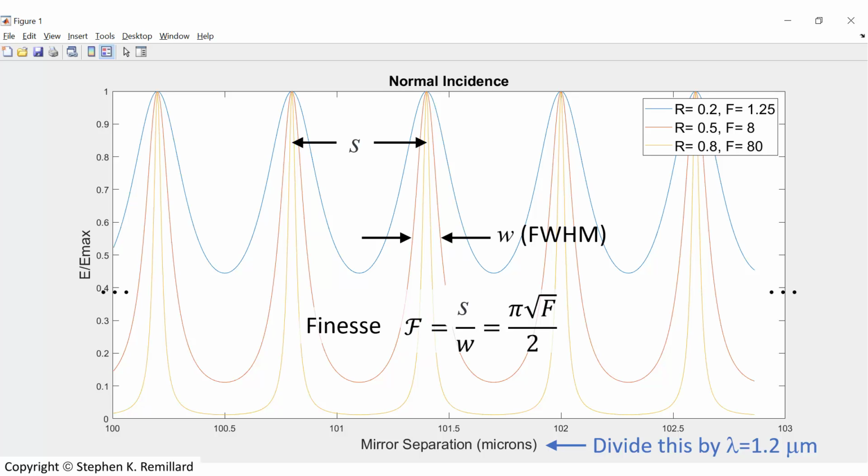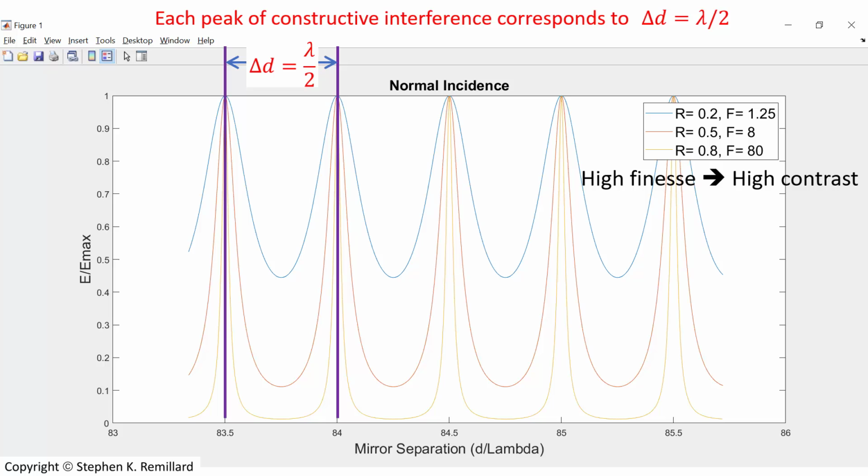width of these peaks. Another way of looking at this is to divide the mirror separation by the wavelength. Now I did this calculation with a wavelength of 1.2 microns, just arbitrarily selected. The function looks the same because all I did was divide out a constant, the wavelength. Then you realize that the separation between these peaks is half a wavelength.